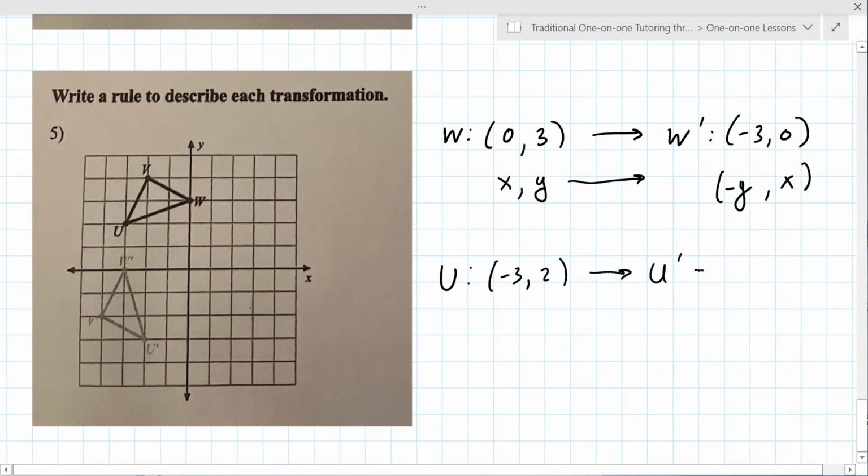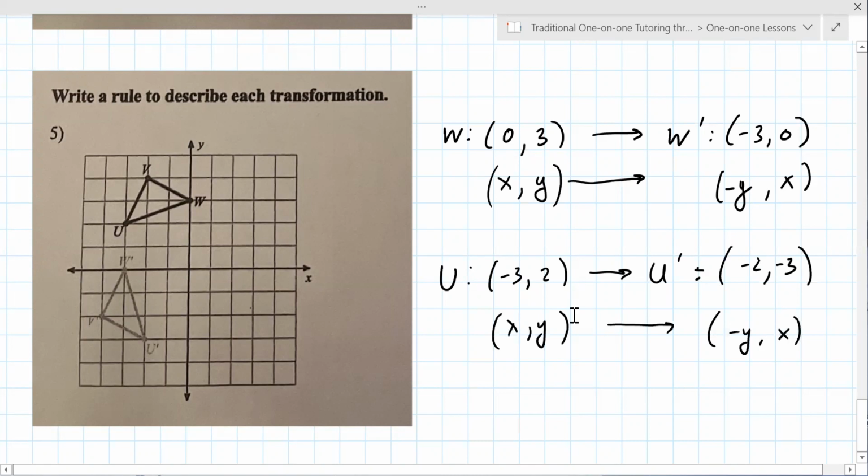Depending on the instructor, that could be rough. So this one's (-2, -3). The question is, did (x, y) go to (-y, x)? Is the x value of U the y value of U prime? And it is. Then did the y value switch positions and just become negated? Yeah, it did. So we're looking pretty good.